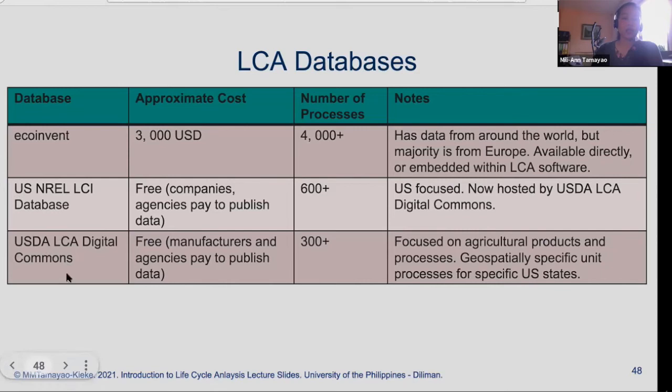And you can also search for the USDA LCA Digital Commons. They have 300 plus processes. It is focused on agricultural products and processes, and it is geospatially specific for the US.